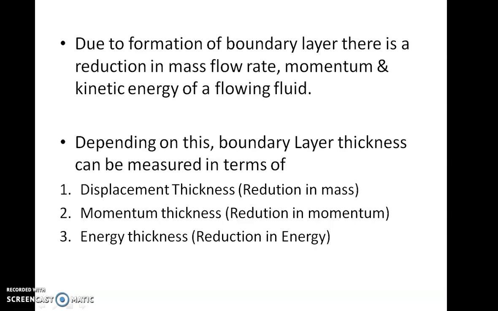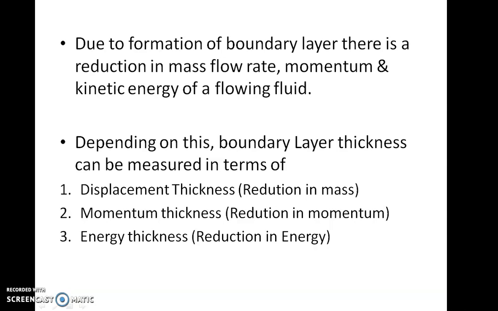So the concept is very simple. If there is no boundary layer, then the mass, momentum and energy which you are going to get is maximum. But because of the boundary layer, there is a reduction in mass, momentum and energy, and whatever is the reduction, that is calculated in terms of some thickness.